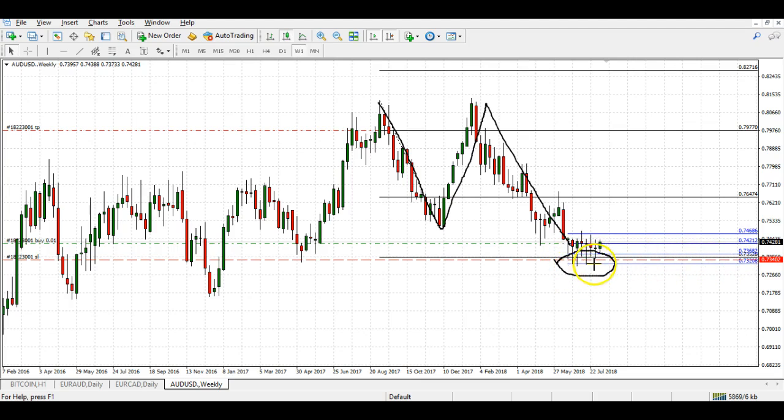Basically, you have six consecutive weeks challenging that level, ending with a spike. So it looks like this is a monumental support level and would probably trigger the next upside trend, as we expect.